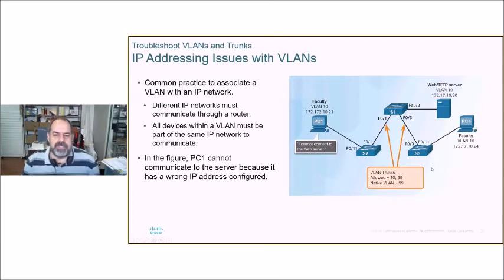Now, what problems can we have? So, of course, hosts on a VLAN all need to be members of the same subnet. And so basically a VLAN and a subnet are an interchangeable sort of thing. They relate to one another directly. And so if you've got hosts on VLAN 10, all of those hosts need to have addresses from the same subnet.